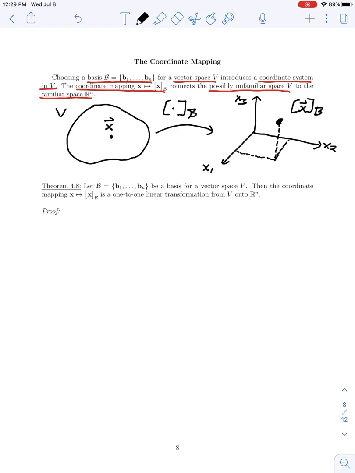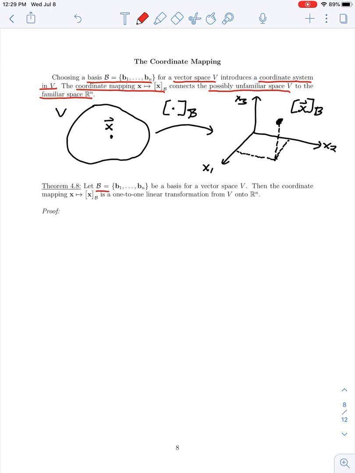All right. So this coordinate mapping is useful in thinking about an abstract vector space in relation to the more familiar vector space Rn. Our next result, theorem 4.8, will give us a little bit of information about this coordinate mapping.